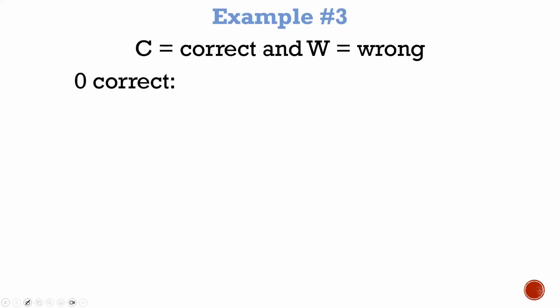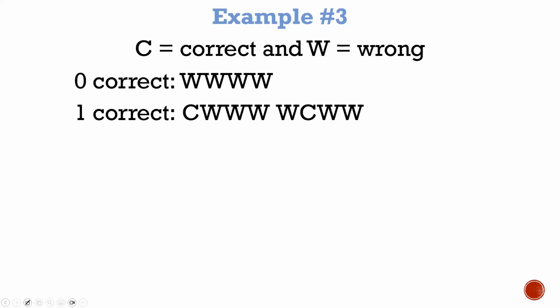That would be everybody all wrong. So W, W, W, W. All right. How many ways would there be to get 1 correct answer? 4, right? Either the first one, second one, the third one, or the fourth one.